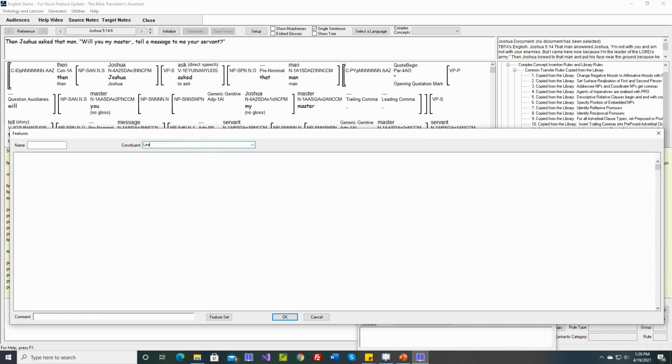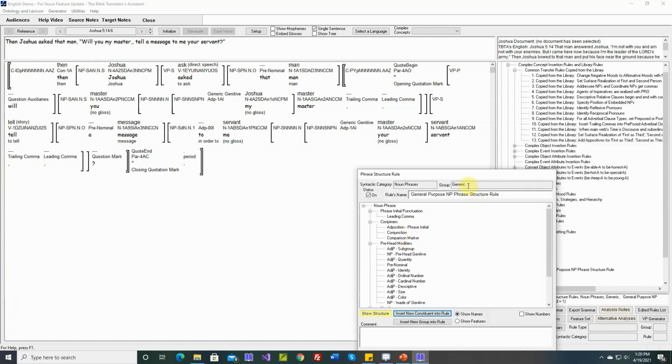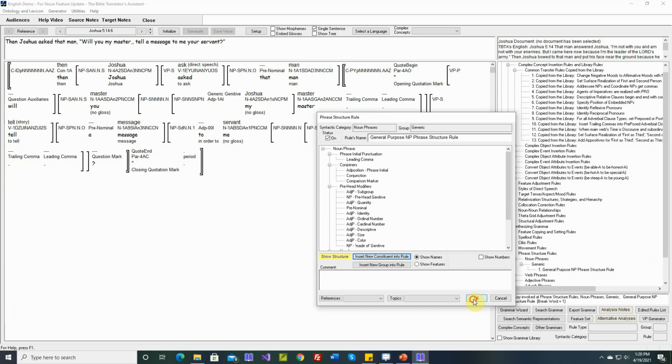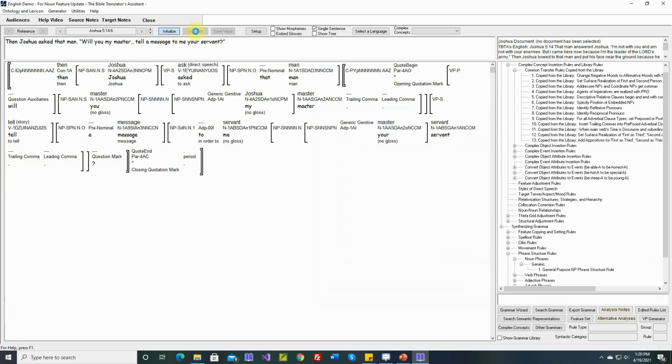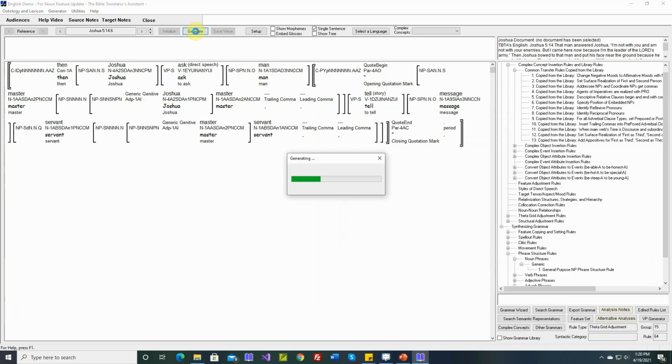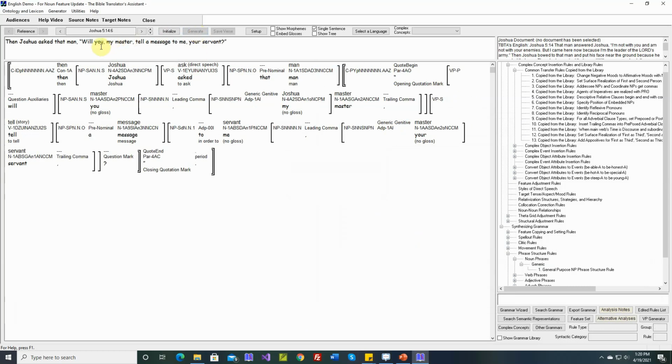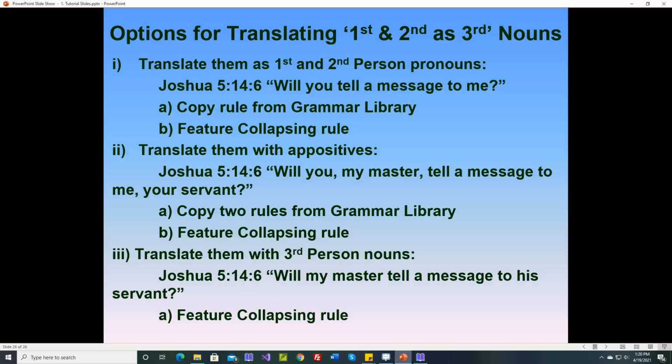We need to type it the same way as it appears here, leading comma with capital letters and everything. Okay, will you, my master, tell a message to me, your servant? Okay, so that's our second option.